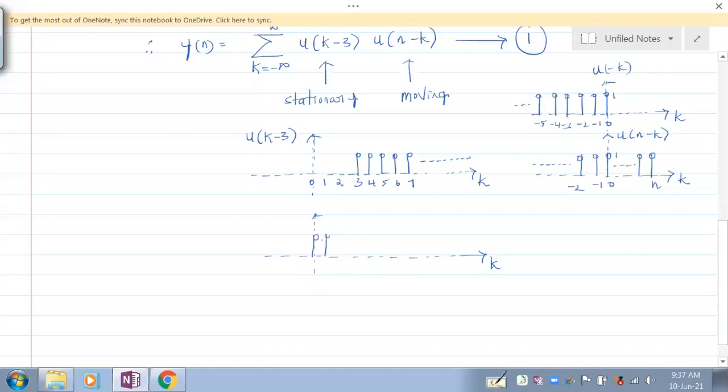This is the first sample, 0, 1, and this is the nth sample because we have shifted u of minus k to the right by n positions. So this is minus 1, minus 2, minus 3, minus 4. So this is your u of n minus k.